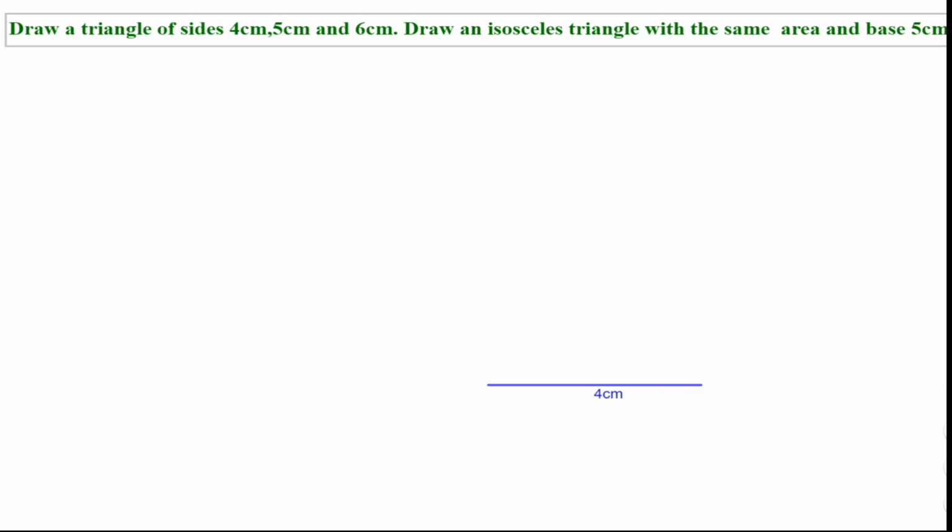We have already drawn it. Now we have to make an isosceles triangle with the base 5 cm and having the same area of this triangle. So we know in order to make an isosceles triangle, we need to construct the perpendicular bisector of the base. Here we are going to take the base as the side with 5 cm.